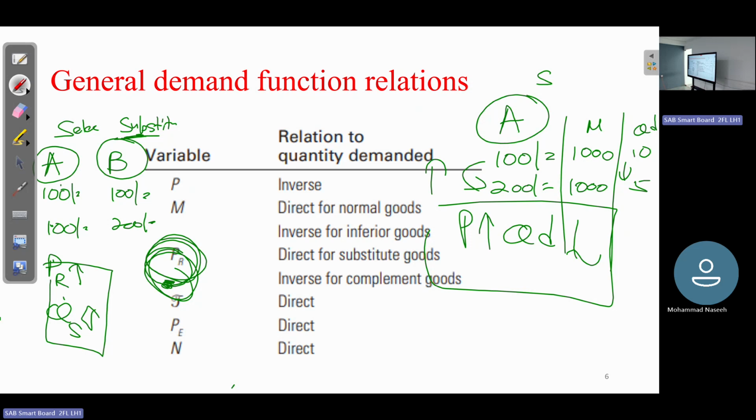When the price of substitute increases, the price of the selected product will not change.